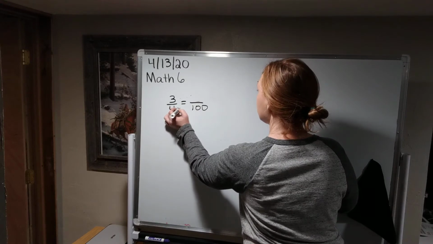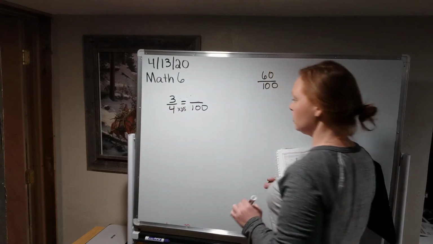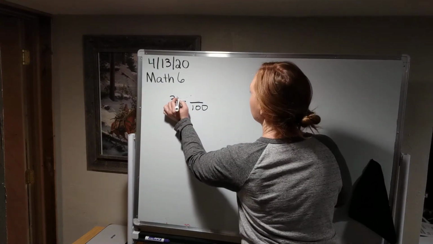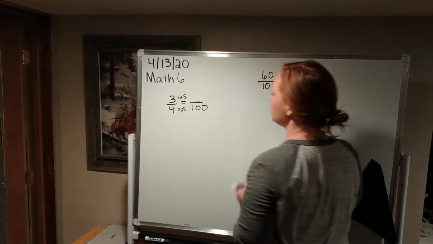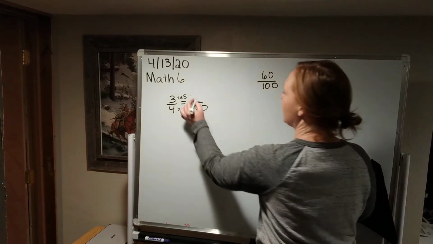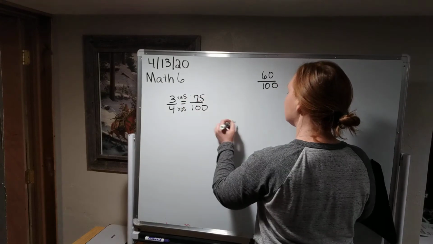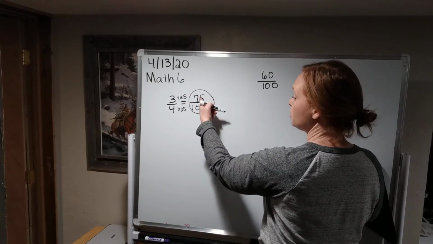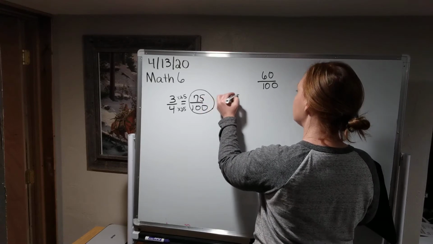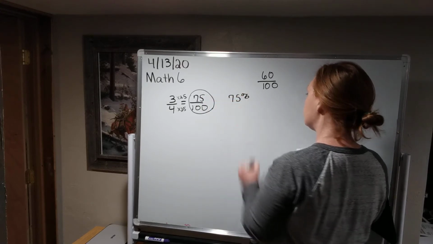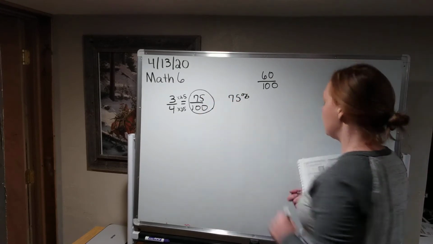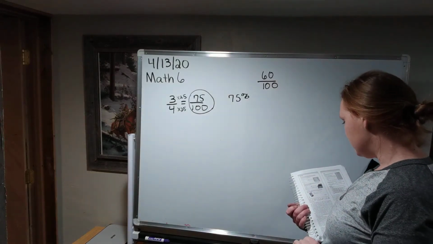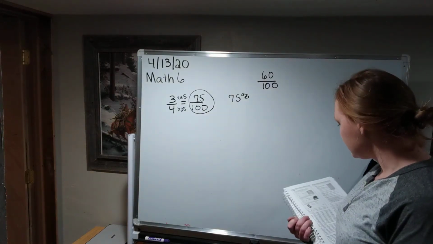Well, 4 times 25 equals 100. So whatever I do to the bottom, I have to do to the top. So 3 times 25 is 75. Okay, so then I have a fraction over 100. So the numerator is my percentage, 75%. So 3/4 is the same thing as 75%. Let's look at the next problem.